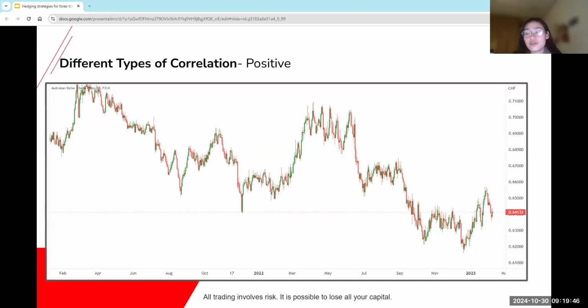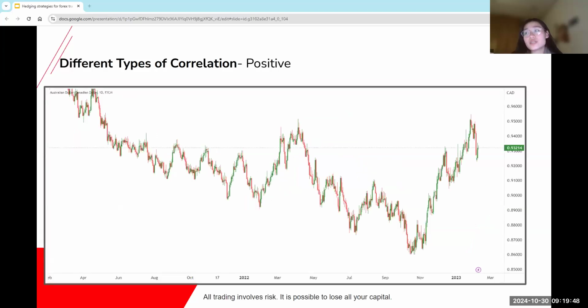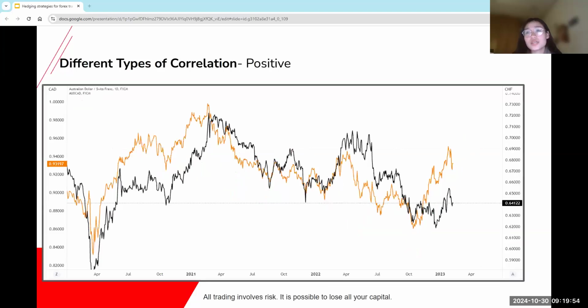This is on our daily time frame. And this is what our Australian Canadian dollar looks like. If we compare the two, you can see our AusCAD on the daily time frame is quite similar if we're just talking about the shape of price.